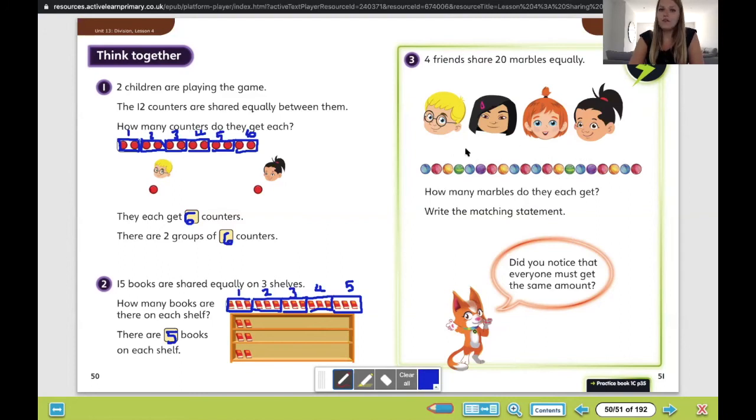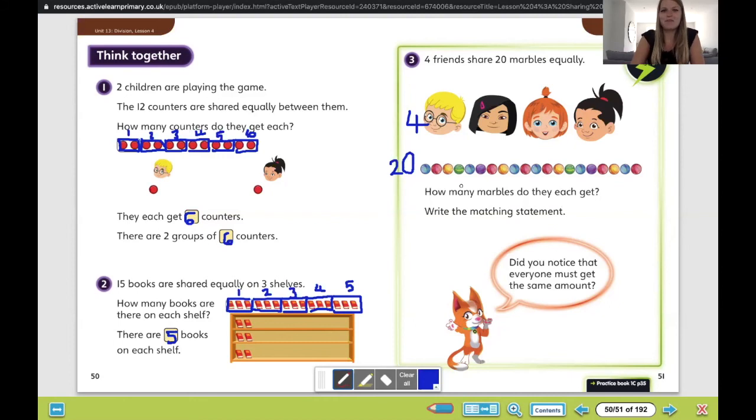So there are 4 friends and 20 marbles. So the 4 friends want to share 20 marbles equally, which means that each friend will have the same. How many marbles do they each get? There are 4 friends. So can I put them in a group of something? How many marbles will there be in each group?